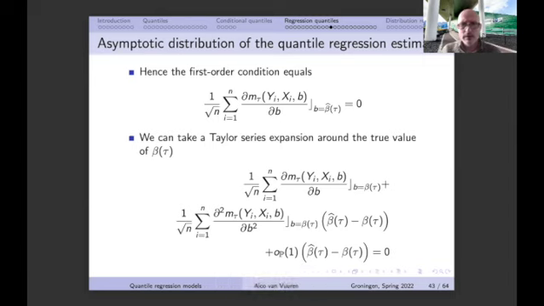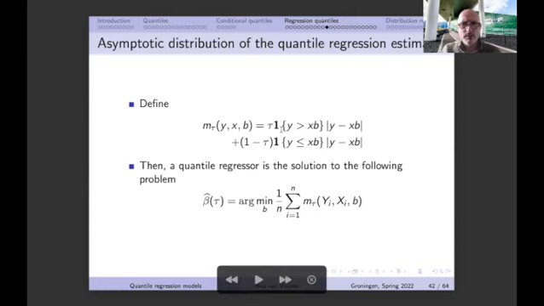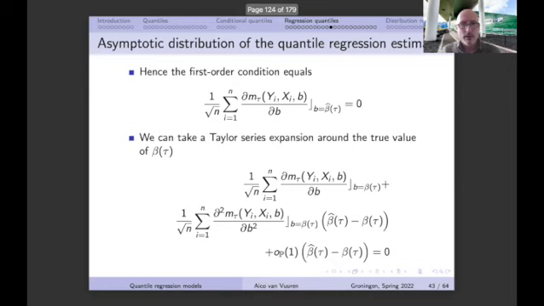So even though this m function is not always differentiable, that doesn't mean that we cannot look at the first order condition, because generally, of course, it is differentiable. Only in the case that y and x times b are exactly identical to each other, then we have problems. But that doesn't mean that we generally have problems for any x, y, and b. So therefore, we can take first order derivatives. And that's essentially what I've done over here, implicitly, of course, with respect to this m function that we have over here.